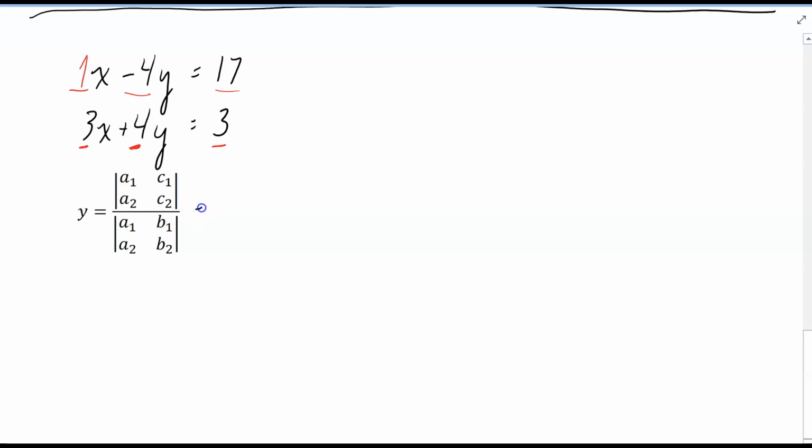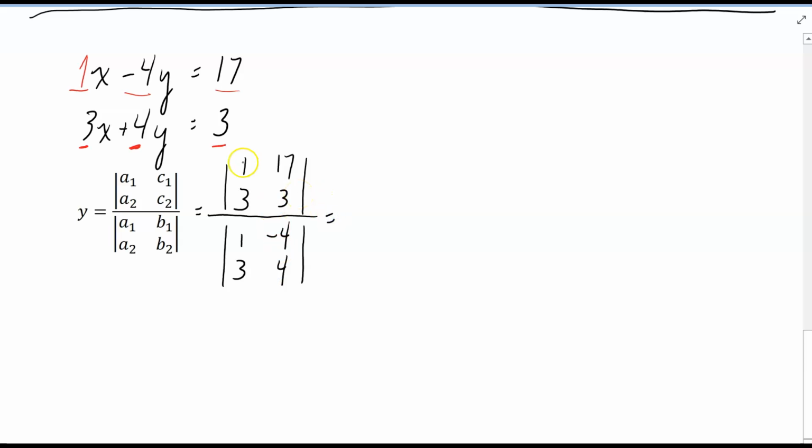All right, so for y, we have the determinant in the numerator and 1 in the denominator. The a1, a2 is 1, 3. c1, c2 is 17, 3. And for the denominator, a1, a2 is 1, 3. And the b values are -4 and +4.